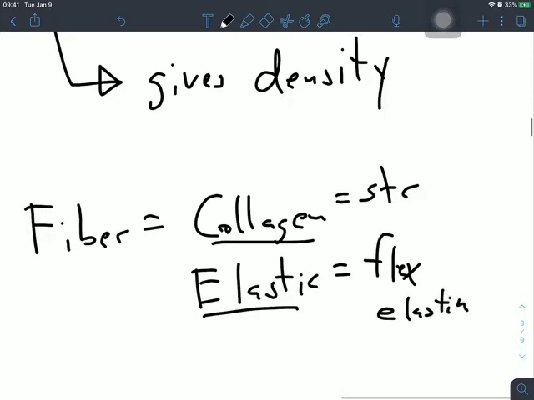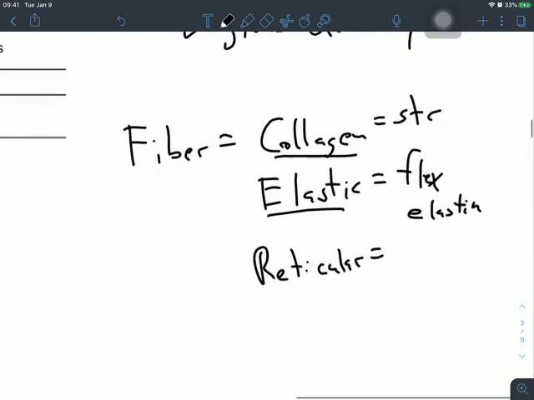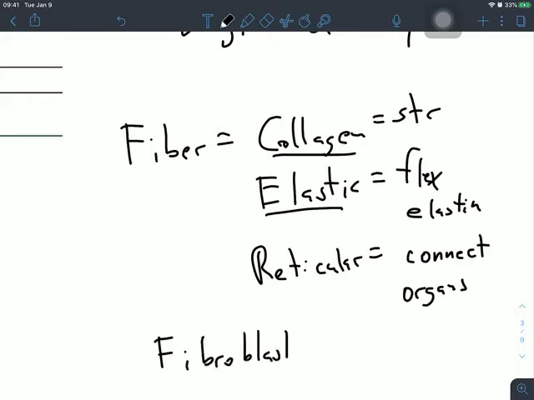Very creative with this naming process, I know. And reticular fiber, or repeated fiber. And this is what we use to connect organs. Now, these fibers are made by a fibroblast. This blast suffix is something that we'll see a lot, but generally the fibroblast makes the fibers of our connective tissues.